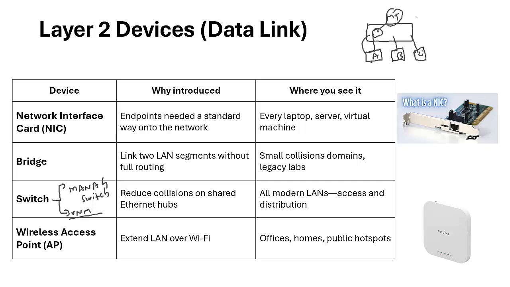They have a memory table which is called a CAM table. The CAM table basically stores the list of MAC addresses. So according to that CAM table, it sends the request to the particular port only.